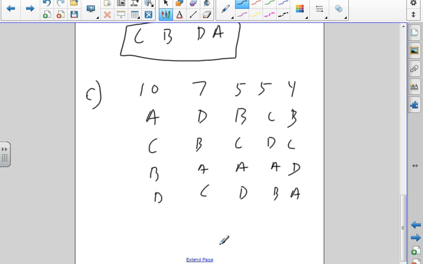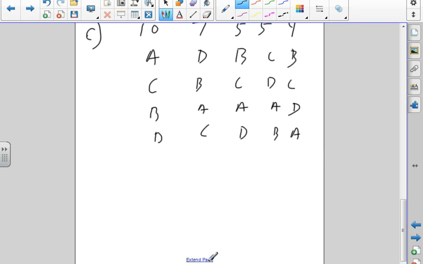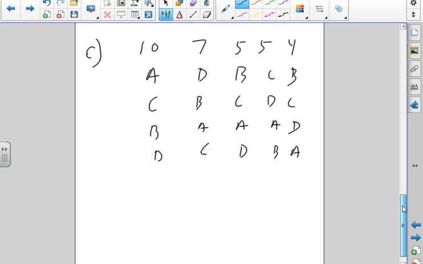Okay, so we eliminate the guy with the least first place votes, and that would be B. Let me think about this. Okay, I'm all set. So we're going to eliminate B because he has the least. C does. Okay, so we're going to eliminate C. And then we're going to eliminate D.